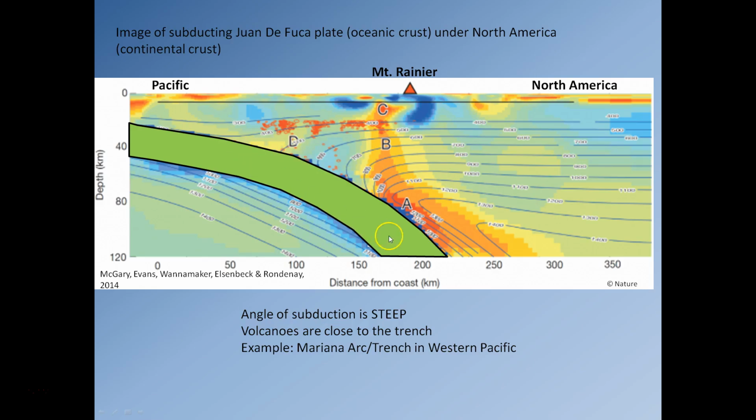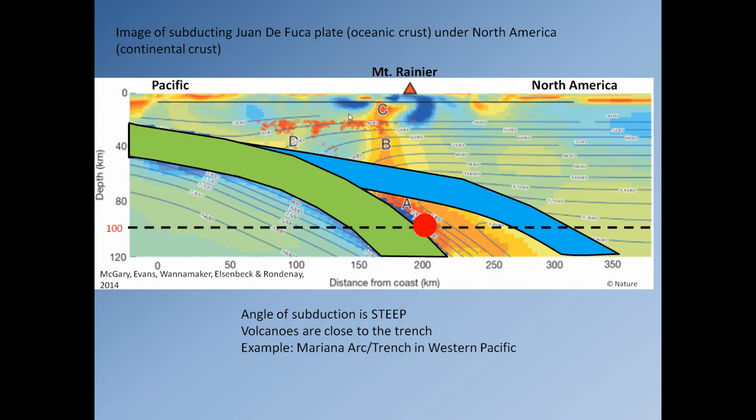So as soon as the plate hits this magic 100 kilometer to 150 kilometer depth, it starts to melt, and it produces magma that rises straight up and feeds volcanoes at the surface. Now, let's just say, for argument's sake, that the angle of subduction is slightly different. Maybe it's even shallower.